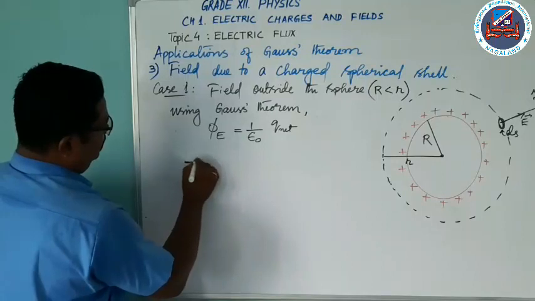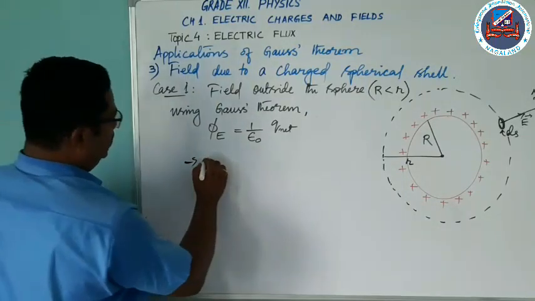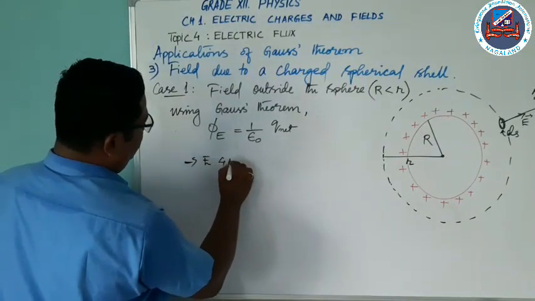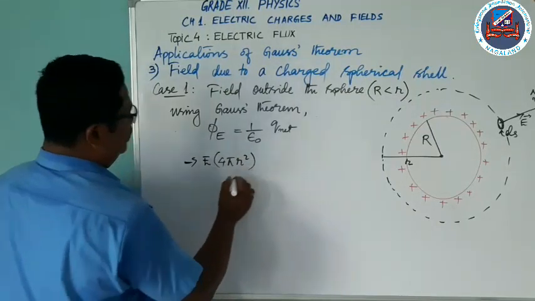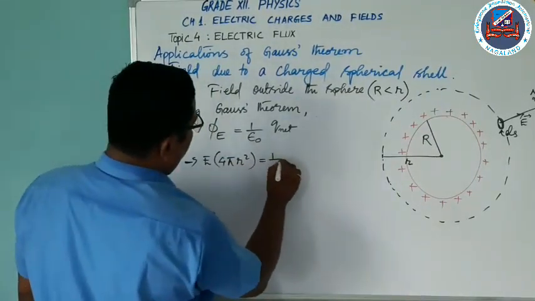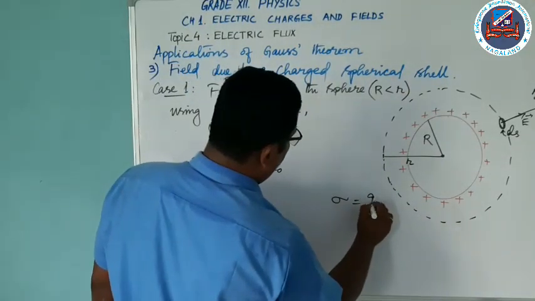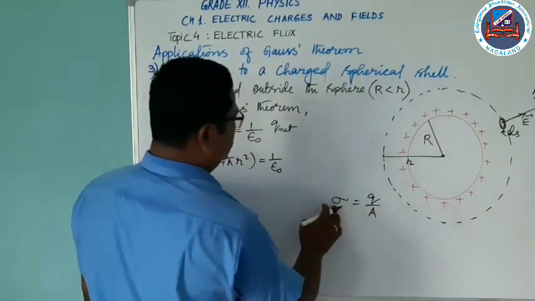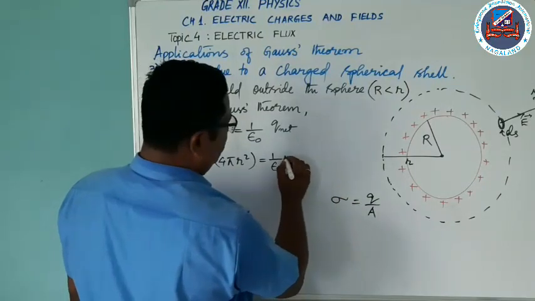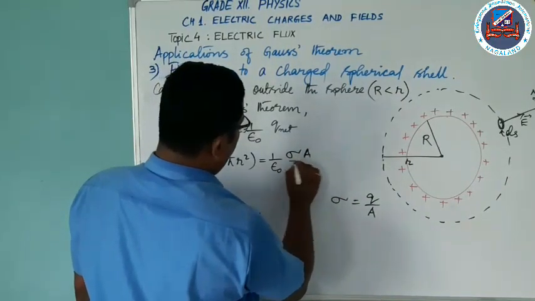And the net electric flux, we got it as E 4 pi small r square, and that is equal to 1 by epsilon naught. Here also surface charge density is equal to charge per unit area. Charge will be surface charge density into area.